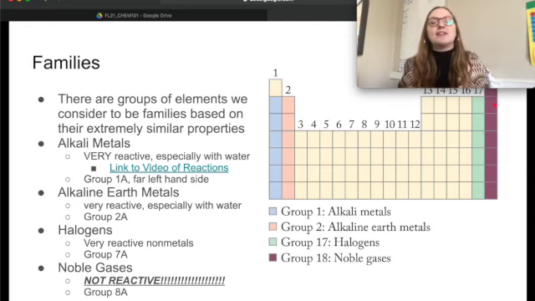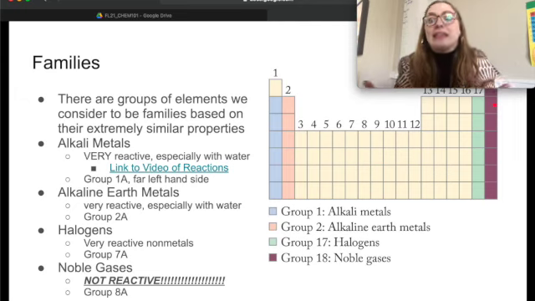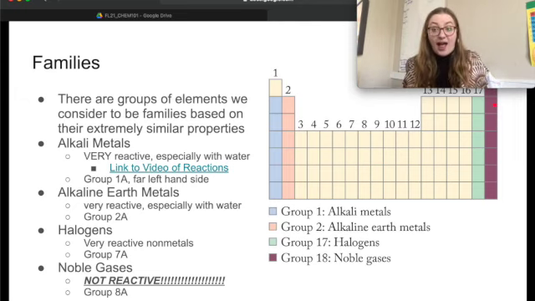It takes so much coercion, so much effort, to get a noble gas to react, okay? That's why they're called noble gases. Noble gases are not reactive.